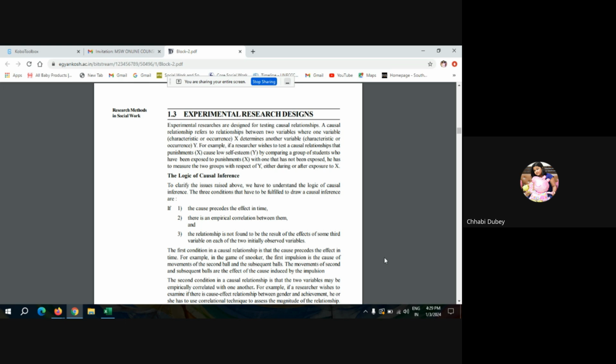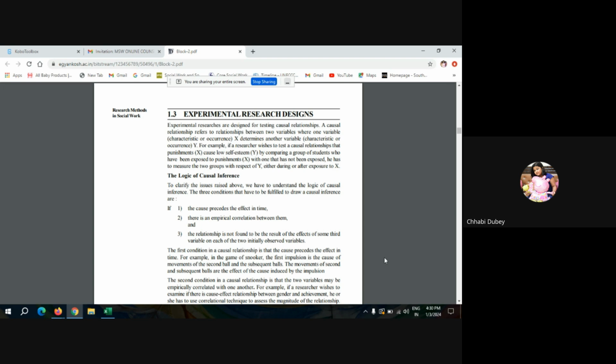Now, the logic of causal inference. What exactly is the logic of causal inference? In order to clarify the issue that we have raised above, we need to understand the logic of causal inference. Here three conditions have to be fulfilled to draw a causal inference. What are these three conditions? One, the cause precedes the effect in time.